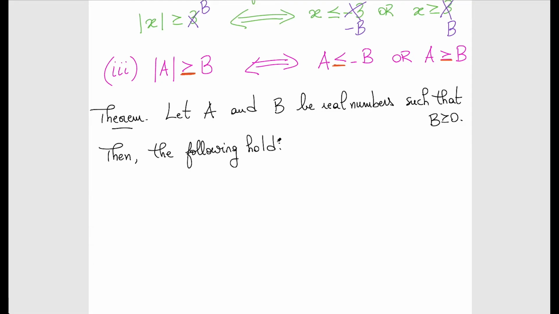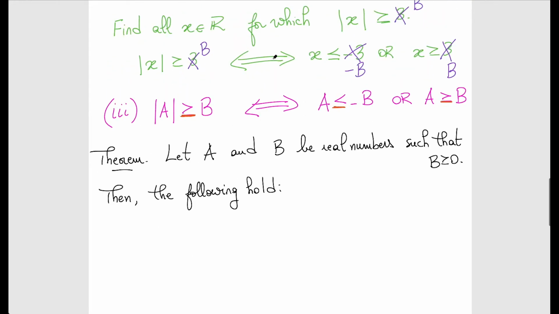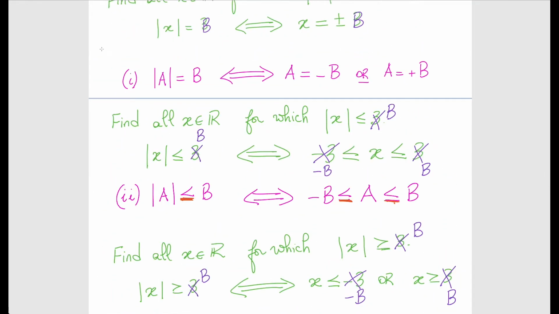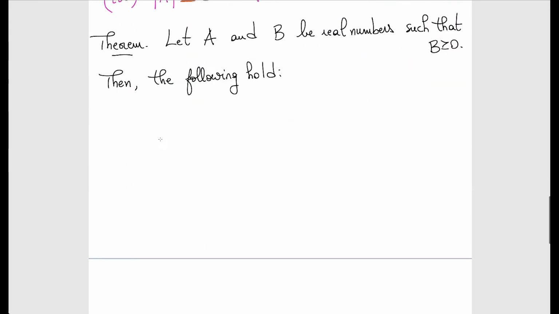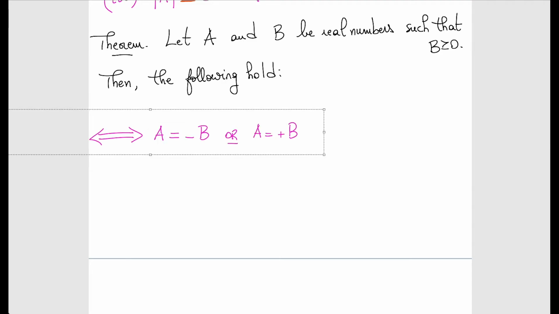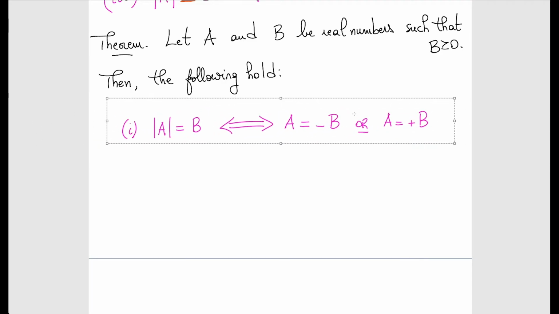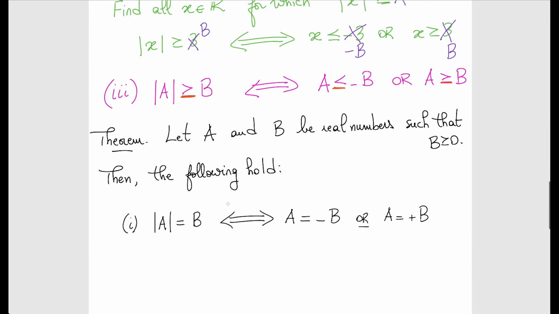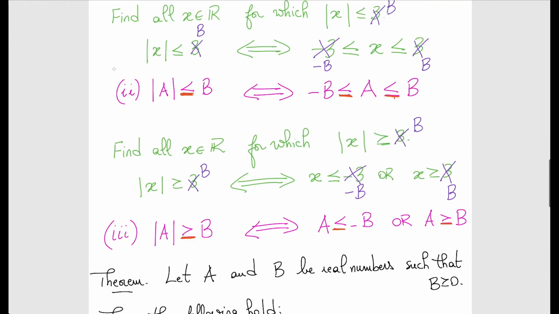Okay. Property 1. Actually, I'm going to just copy them. So property 1 is this pink one, right? So I'm copying this. Let's keep it in black. Property 2 is this guy.